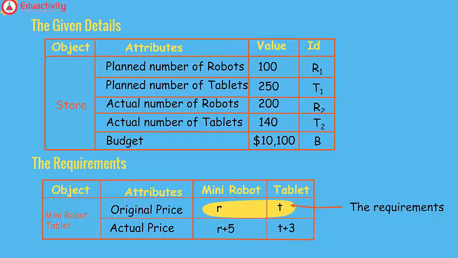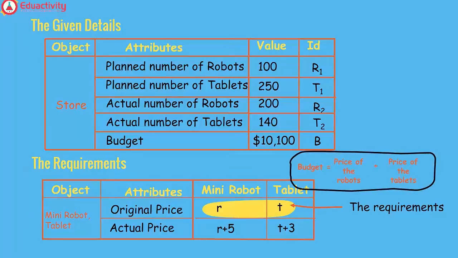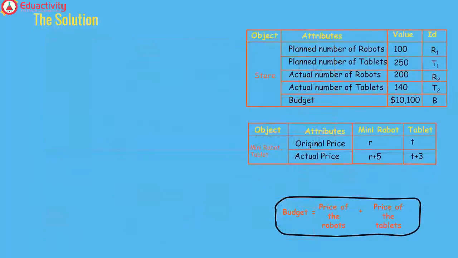The budget is equal to the total price of the mini robots plus the total price of the learning tablets. Based on that, we develop the following equation, using the planned amounts and prices of the products.